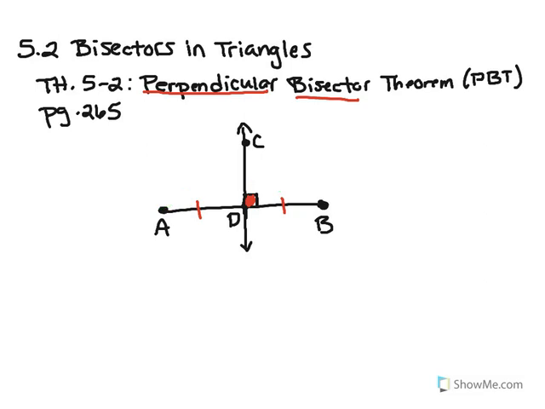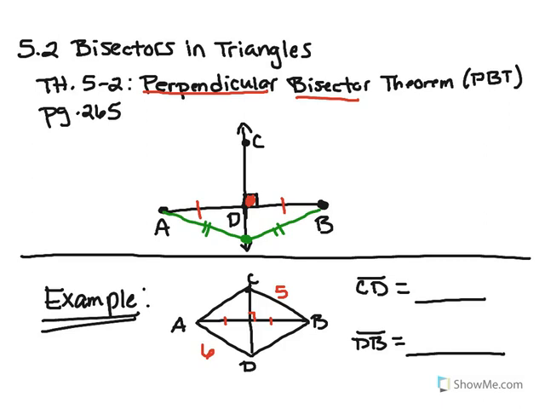Let's say I pick a point down here. Once again, because this point lies on the bisector, the perpendicular bisector CD, it is equidistant from B and A. So good stuff, good information. Make sure that you have this theorem on your chart.